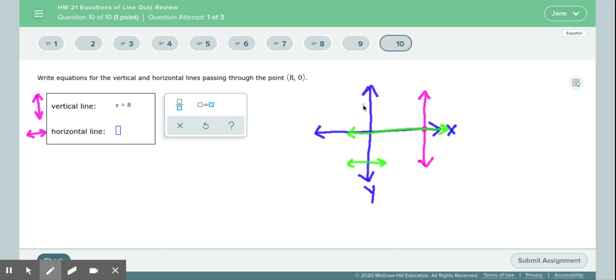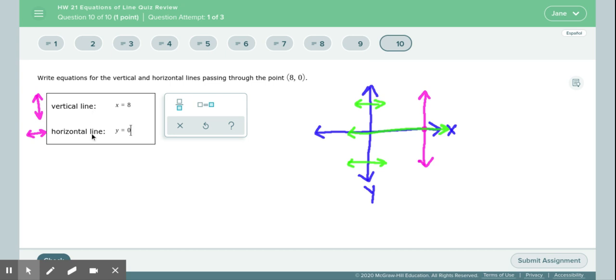A horizontal line, no matter where you place it, will always go through the y-axis. So that means that for a horizontal line, we will always have y equals, and then where does it cross the y-axis? So look to see where yours crosses the y-axis, or look to see what your y-coordinate of your ordered pair is. And so for mine, this is going to be y equals 0.